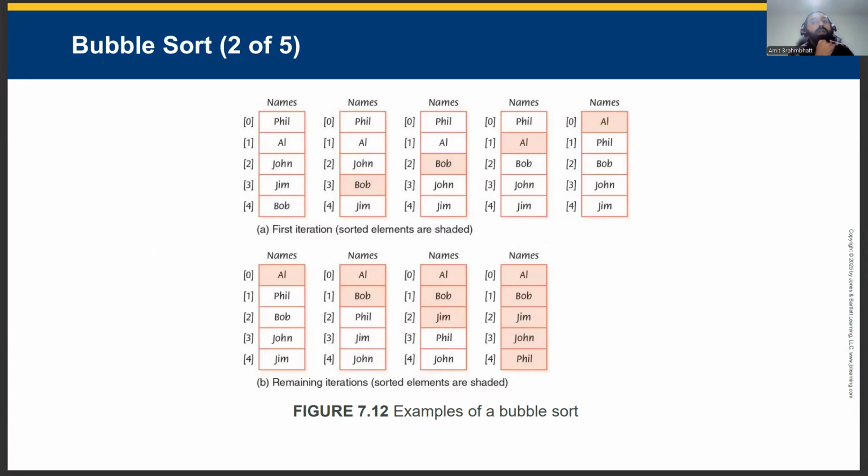Here is a visual example of how bubble sort works. Each step illustrates how adjacent pairs are compared and swapped when necessary, causing smaller elements to move upwards through the array. The visuals make it easy to follow the ripple effect that gives bubble sort its name.